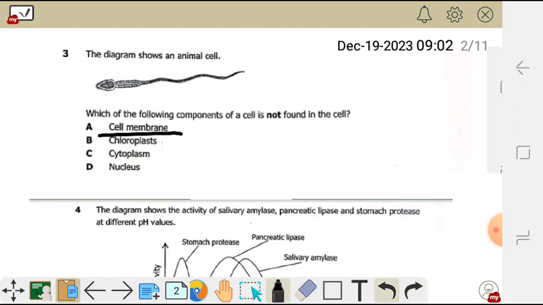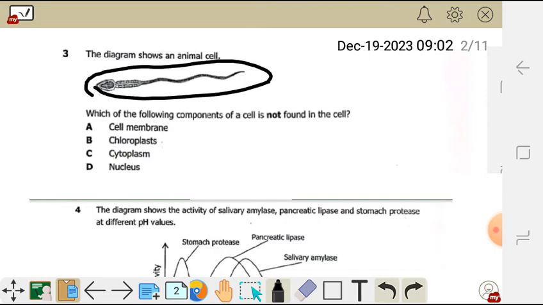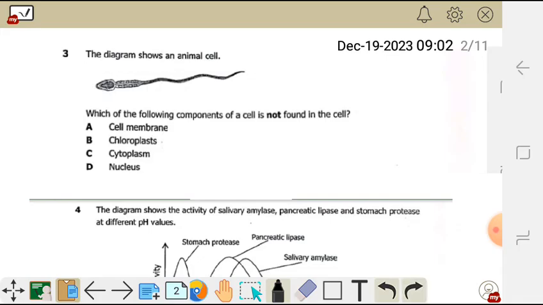A. Cell membrane. B. Chloroplast. C. Cytoplasm. And D. Nucleus. So which component is not found in this animal cell, which is here? So the chloroplast is not found in animal cells.